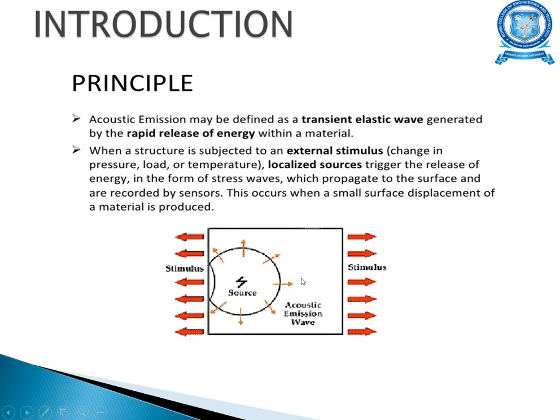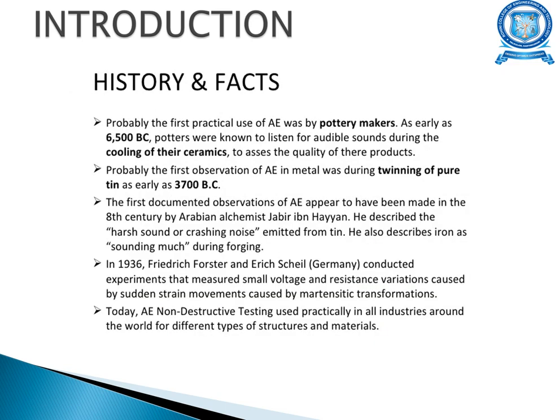These will propagate to the surface and are recorded by the sensors. This occurs when a small surface displacement of the material is produced. This is how acoustic emission waves are emitted and sensed by the sensors, from which you can find out the defects of the test specimen.